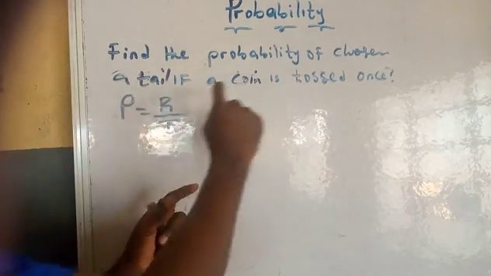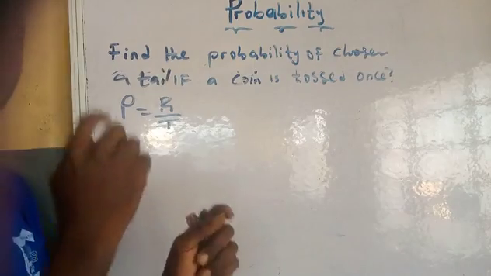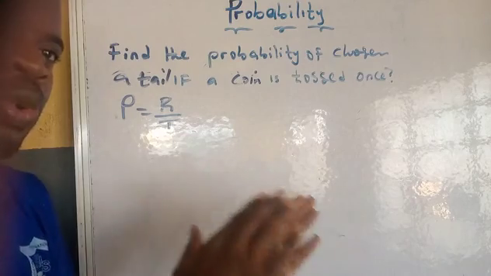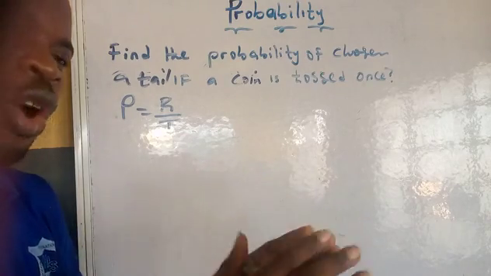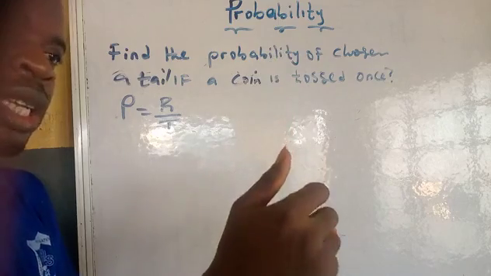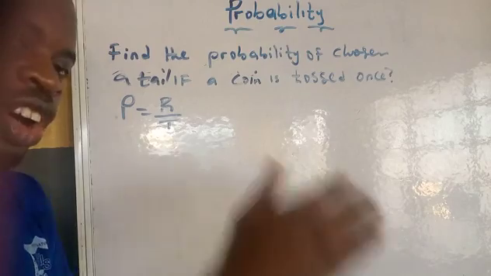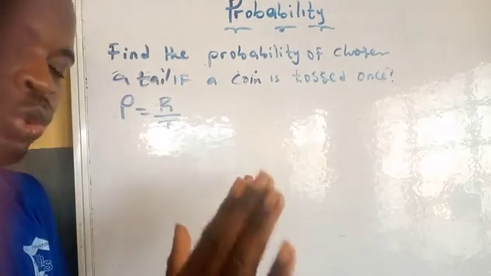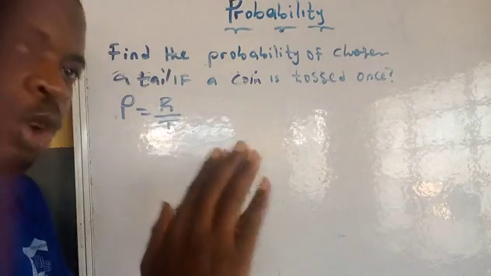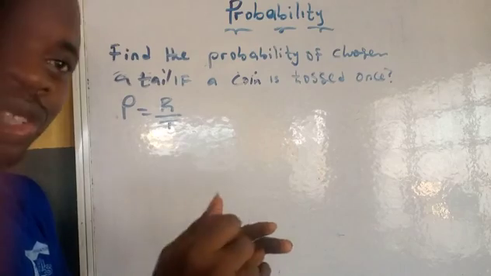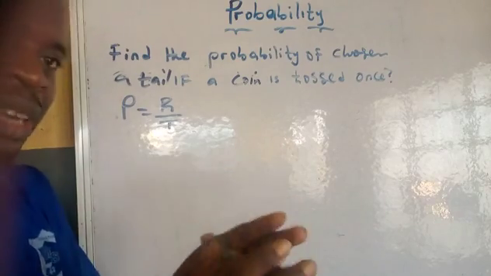Look at this concept of coin now. A coin has two sides. So the possible outcomes you can have when you toss it up are that it can land on the tail or on the head. So all the outcomes you can have for a coin when it is tossed are head or tail, making two ways.